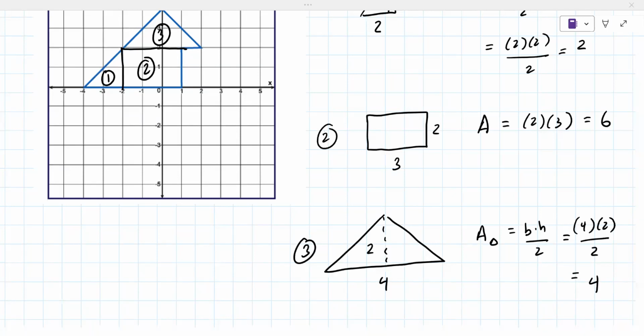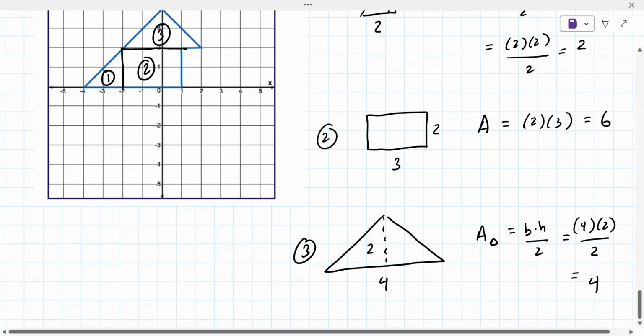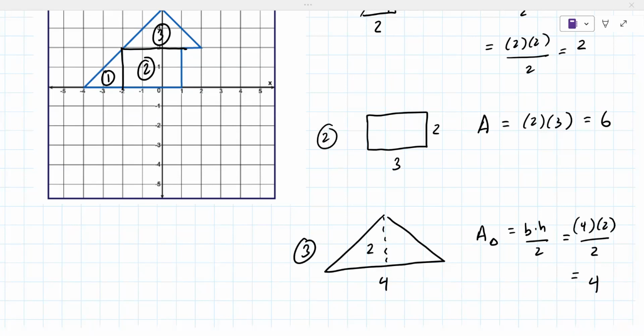Wait, isn't it half base times height, or base times height divided by 2? They're both the same. So substitute 4 times 2 divided by 2, which is 4.